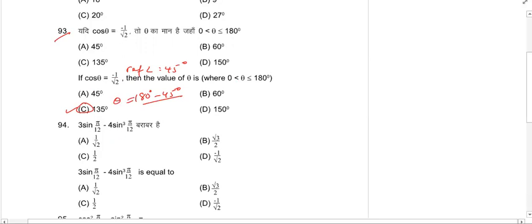Question number 94: 3 sine pi by 12 minus 4 sine cubed pi by 12. Let pi by 12 be equal to theta, and that theta is actually equal to 15 degrees.